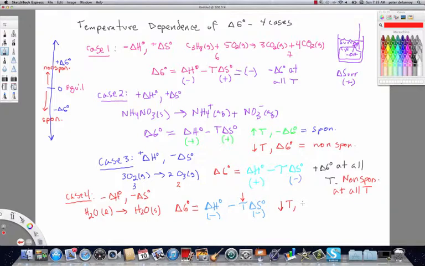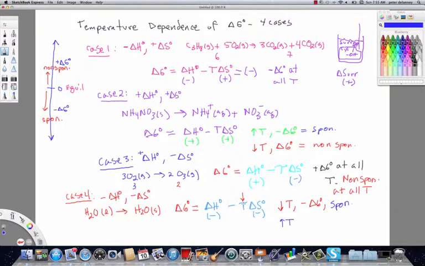So for low T, we're going to have negative delta G naughts. That's how come ice freezes when you put it in a freezer. Which means that for low T's, this is going to be spontaneous.